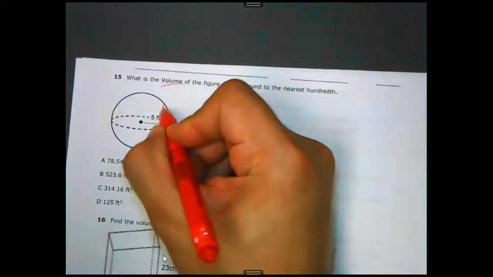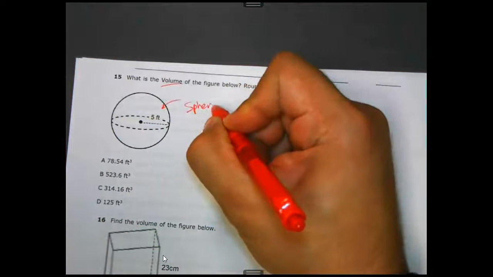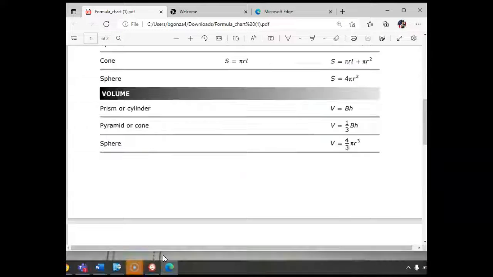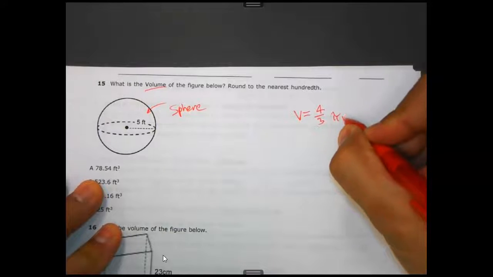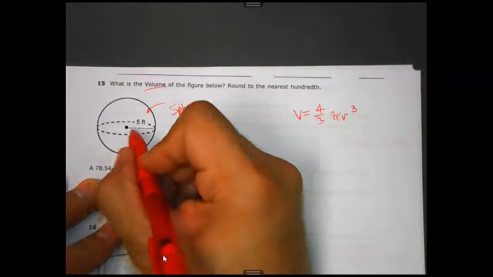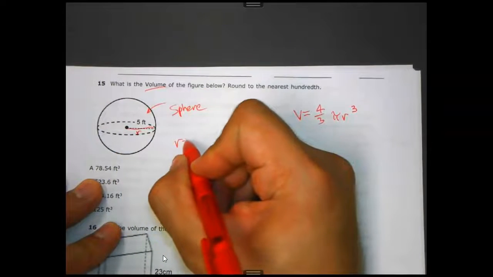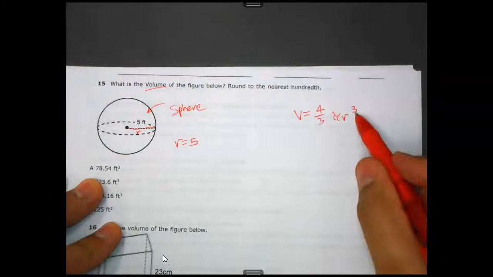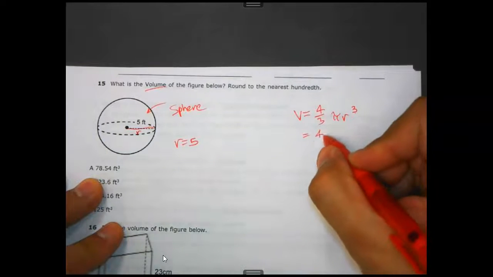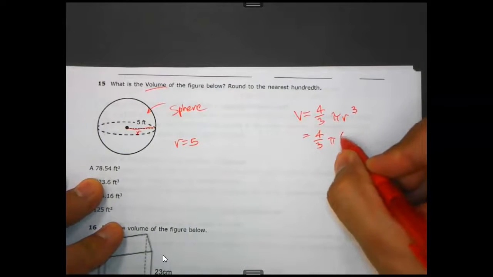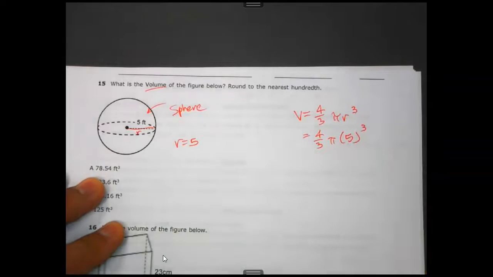All right, talking about a sphere, volume of a sphere. The formula is 4/3 pi r cubed. The interesting thing is that we know r is 5. We just cannot forget to cube it over here. So 4/3 pi 5 cubed.